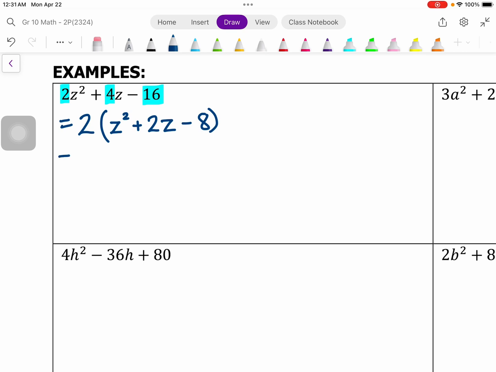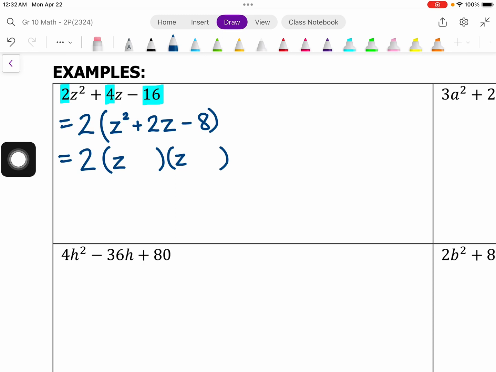So now what I want to do is I want to find the factors that will fill in our two sets of brackets. So recall that because z squared is my first term here in the bracket, z times z will give me that first term. My two factors are going to multiply to give me this negative 8, and I need to find two numbers that also add to 2.